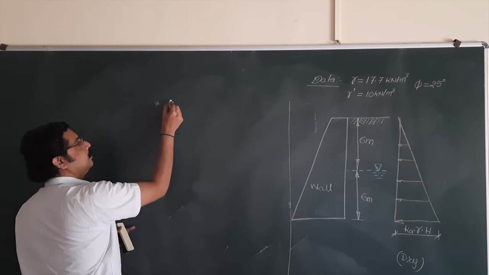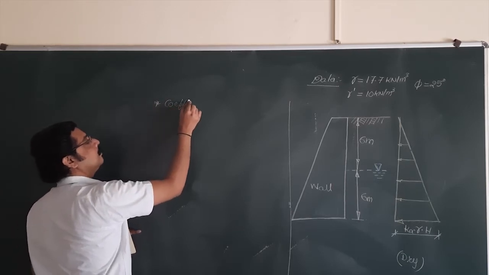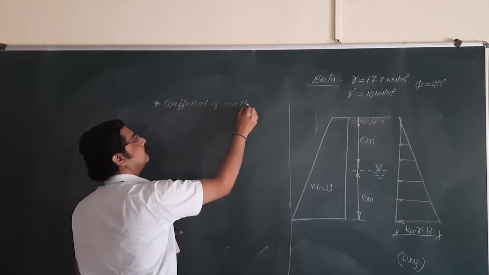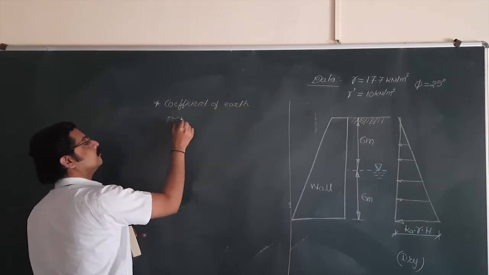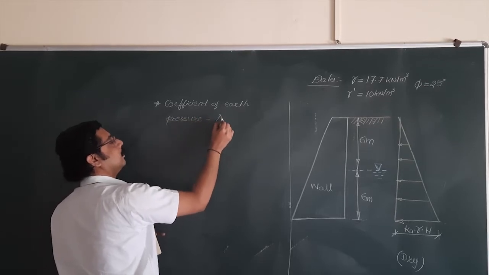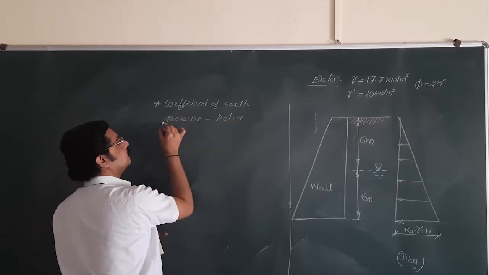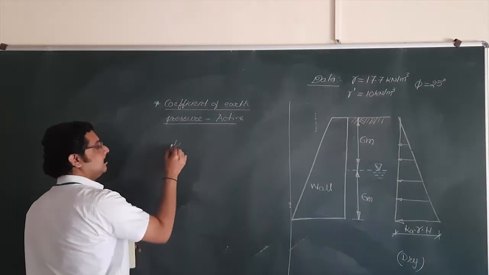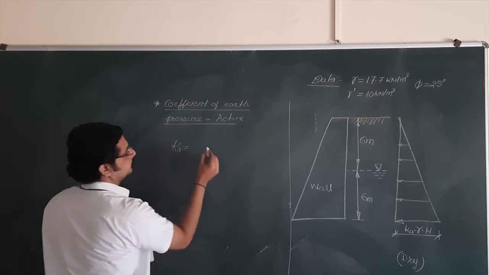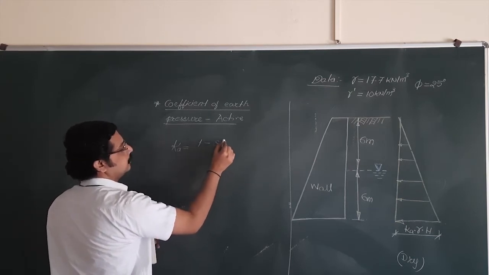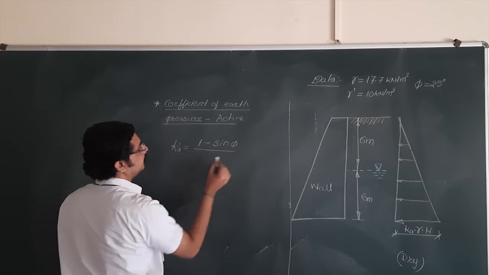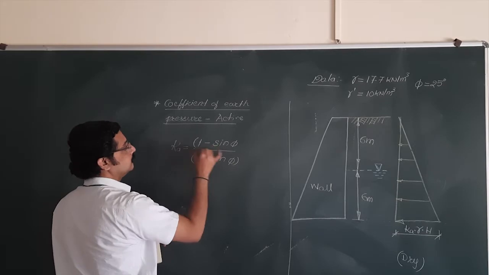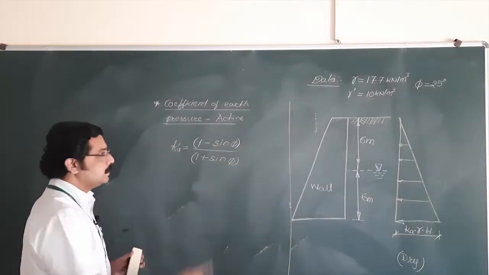So first we will find out coefficient of earth pressure. In which condition? In active condition. How to find out Ka? It is very simple. Ka is equal to 1 minus sin phi divided by 1 plus sin phi. Okay, what is the value of phi?